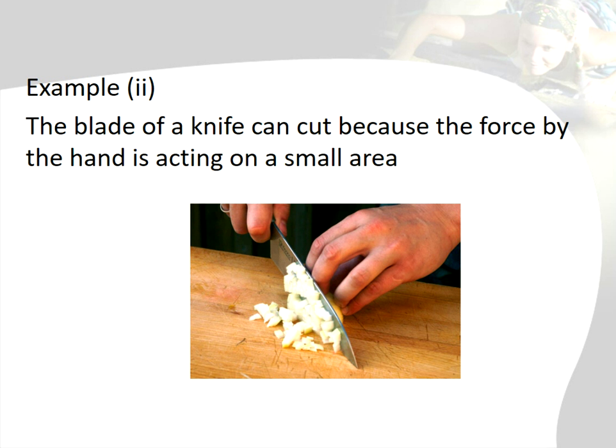But what if the knife is blunt? Sometimes, I don't know whether you try to use a blunt knife, right? You try to cut an orange, then the skin will kind of bend in instead of cut because the pressure is not high enough. So, these are some common applications of pressure.